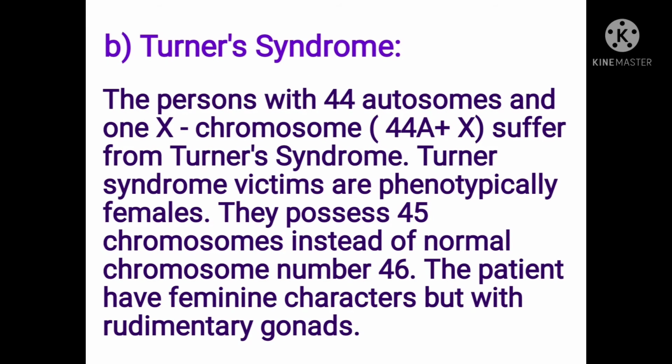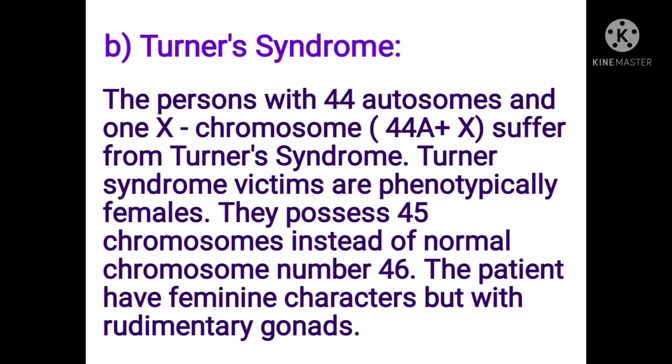Turner's syndrome. The persons with 44 autosomes and 1 X chromosome, 44A plus X, suffer from Turner's syndrome. Turner syndrome victims are phenotypically females. They possess 45 chromosomes instead of normal chromosome number 46.